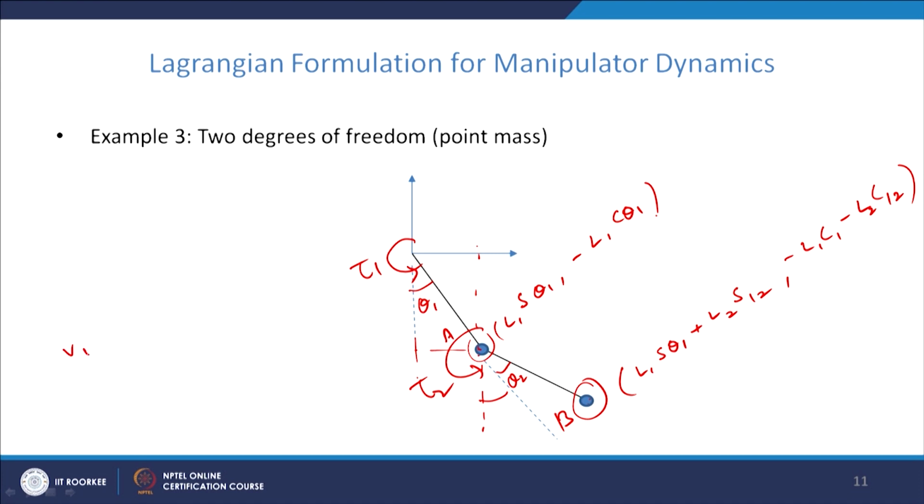The velocity of the point A, the vector representing the velocity, is L1 cos theta 1 and minus L1 sin theta 1, multiplied by theta 1 dot.